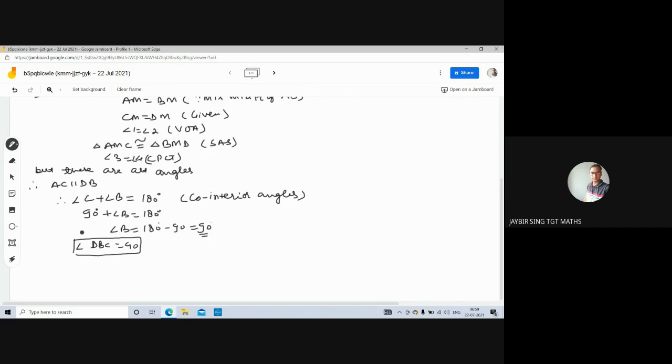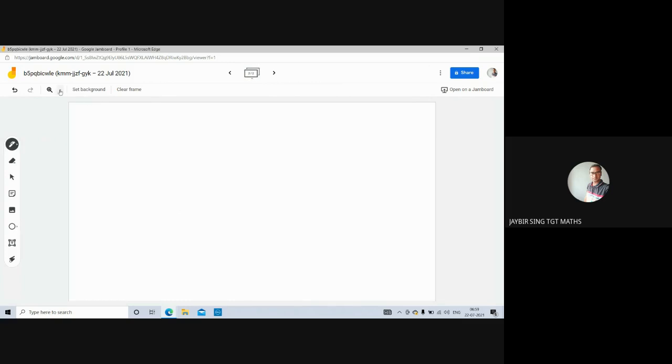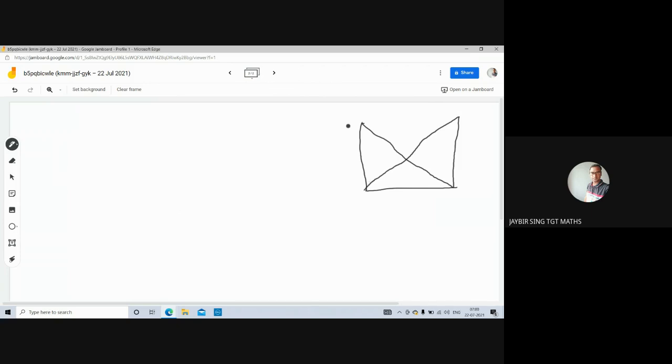I'm just changing the slide and making a new figure. This is D, B, M, A, C. This angle is 90 and this is 90, we have proved.